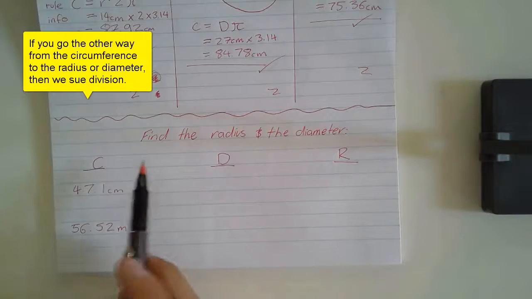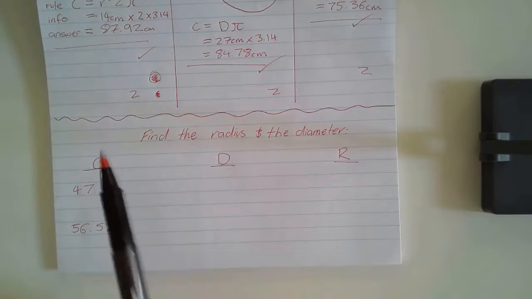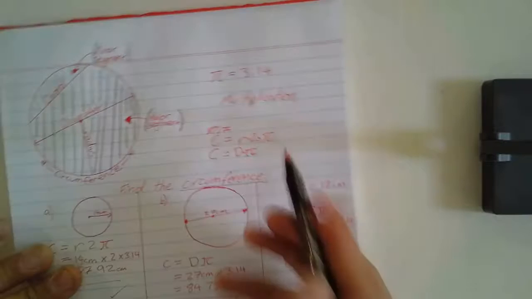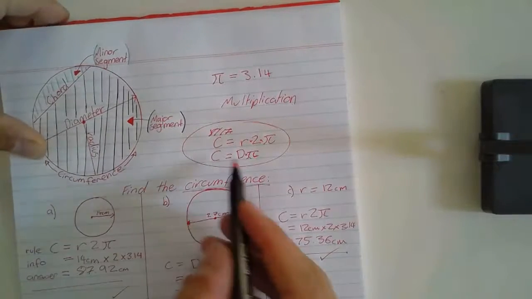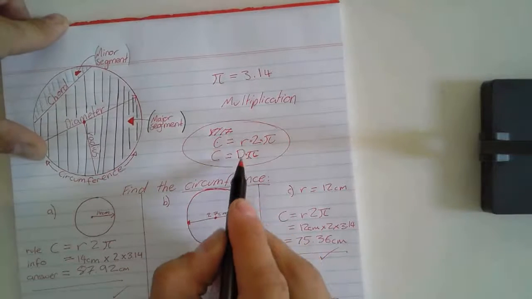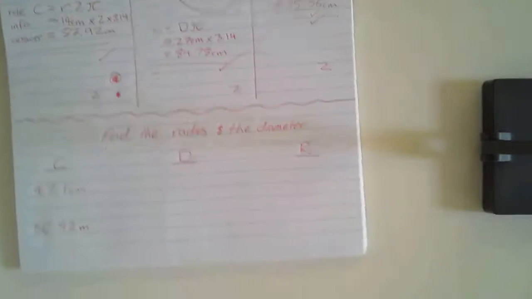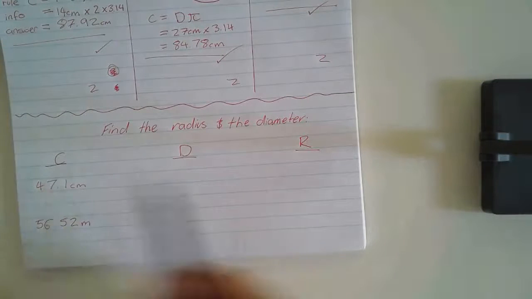Boys, if I'm trying to get from my radius or diameter to my circumference, the whole time we've been using multiplication, but now I'm just going the other way. I've got my circumference, I'm trying to find radius and diameter. So, for 47, when we're going the other way, we're using division. Actually, let me double check that.